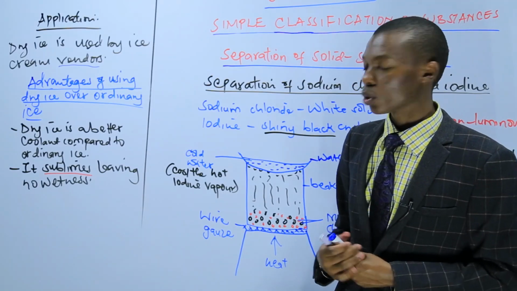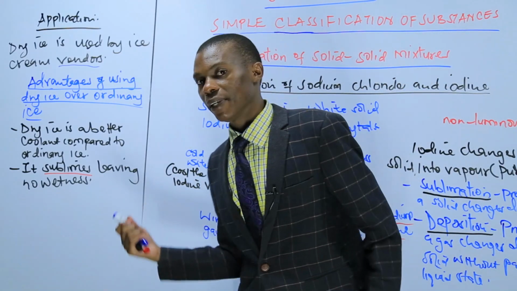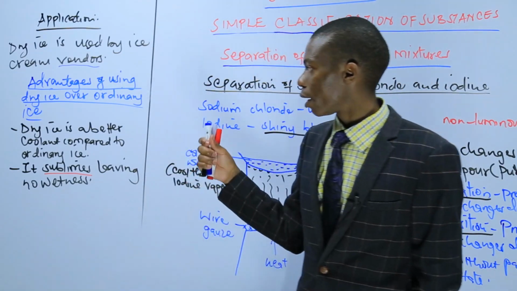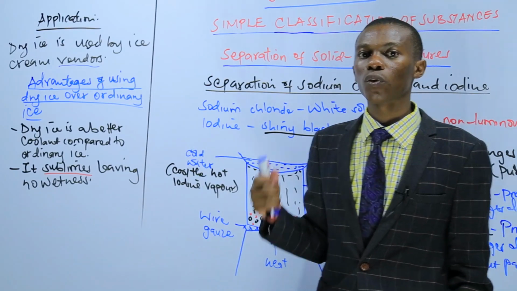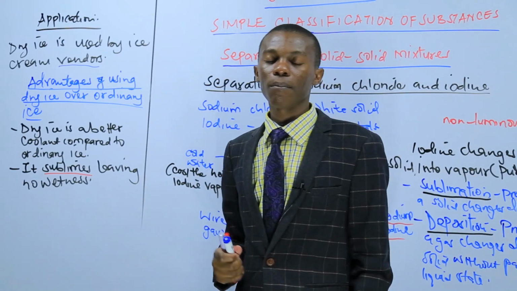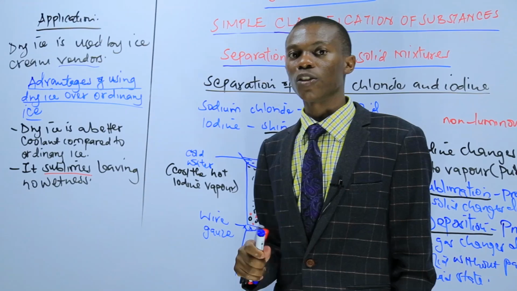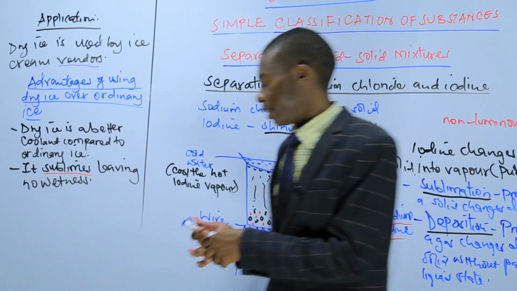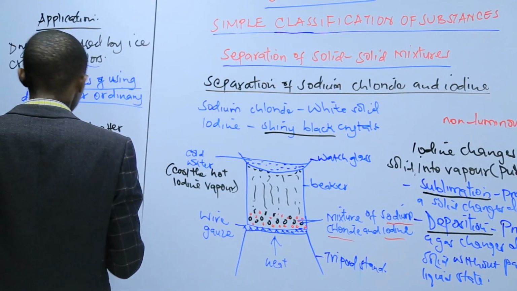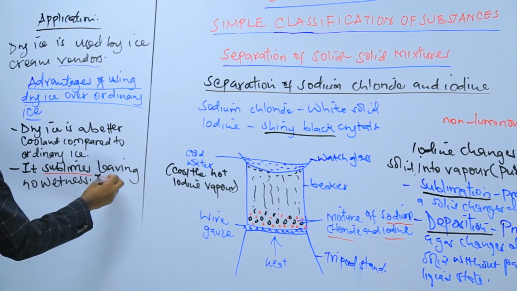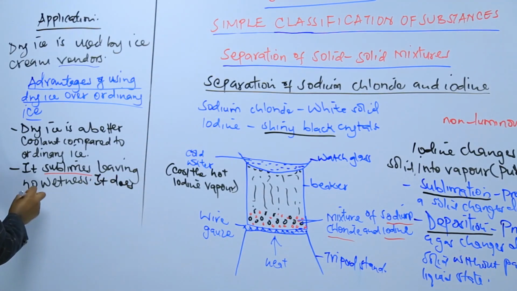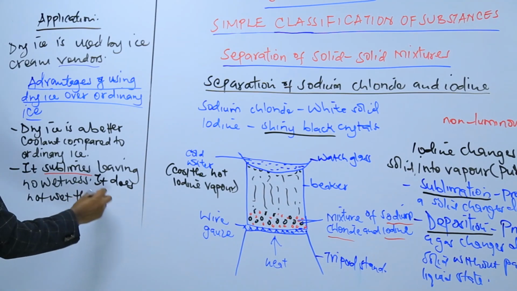That is what we are calling subliming. Dry ice or solid carbon dioxide is able to sublime while ordinary ice does not. Therefore, it does not wet the vendor's goods.